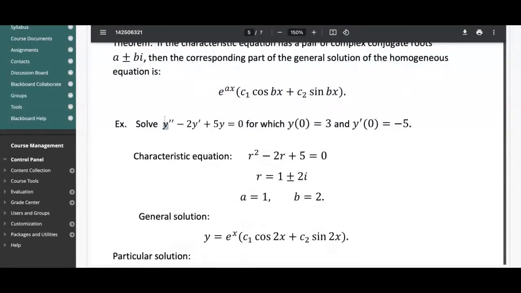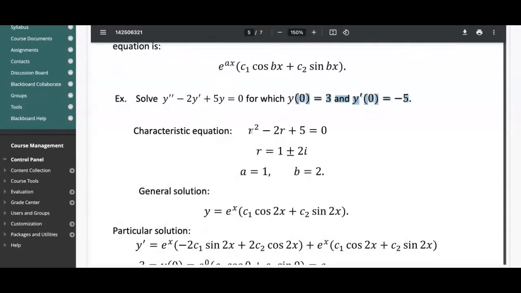Okay, example. Second order differential equation given two initial conditions. Characteristic equation r squared minus 2r plus 5. When we solve that, using the quadratic formula, we get 1 plus minus 2i. Real part is 1. Imaginary part is 2.